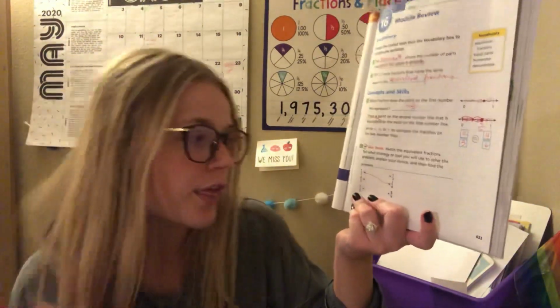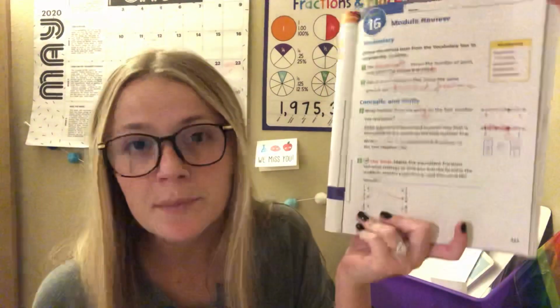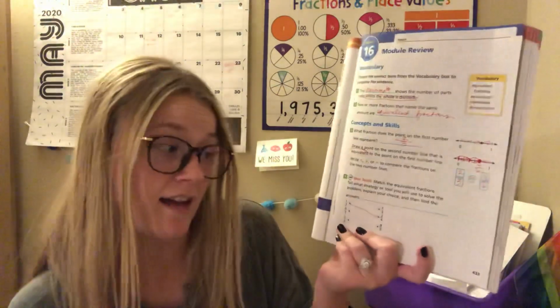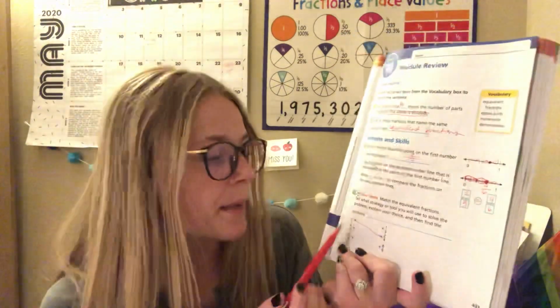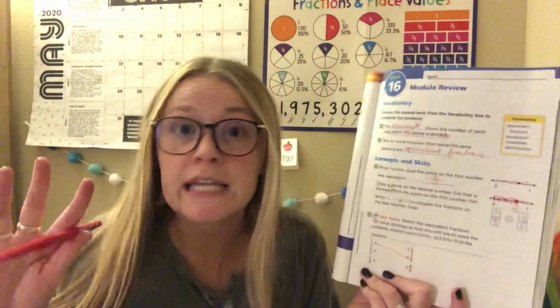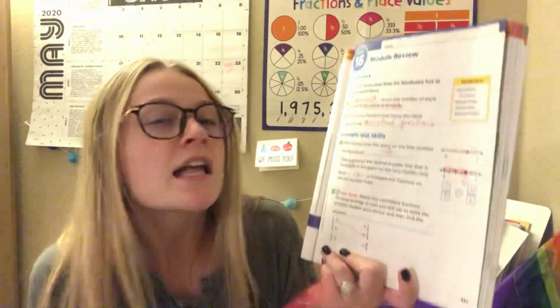Then for 4/3, the numerator is greater than the denominator, and so I'm going to look for a fraction that has a numerator greater than the denominator, and that's going to be 8/6. And then to double check my work, because I don't want to just choose it because the numerator is greater than the denominator, they both have that in common, and so that's going to help me narrow down my choices.